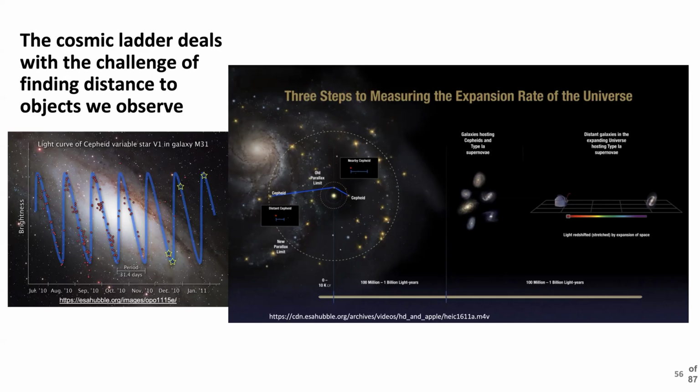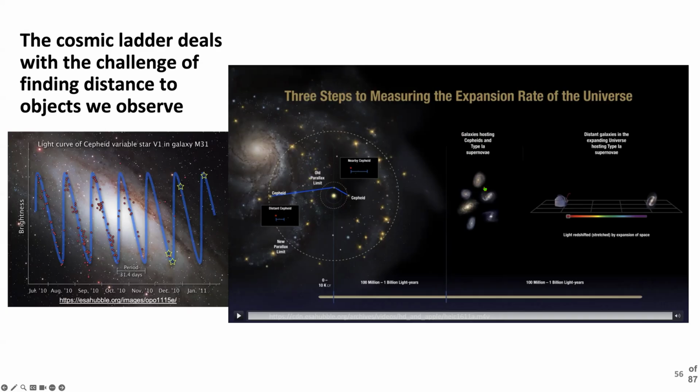Now, the brightness of the lamp didn't change, but because it's farther away from you, you can draw a conclusion about how far away it is by looking at how much dimmer it is. And that's what we're doing with these Cepheid variable objects. So using Cepheid variables, we can get the distance to nearby galaxies.